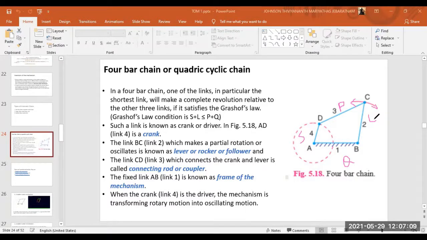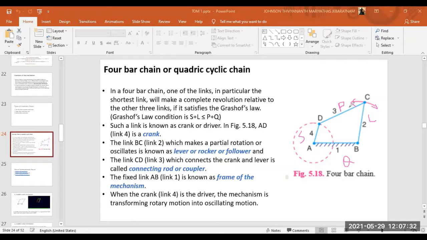And the link CD, which connects the crank and the lever, is called the connecting rod or coupler. Here I have the crank, here I have the rocker or follower, and the one connecting these two is known as the connecting rod.